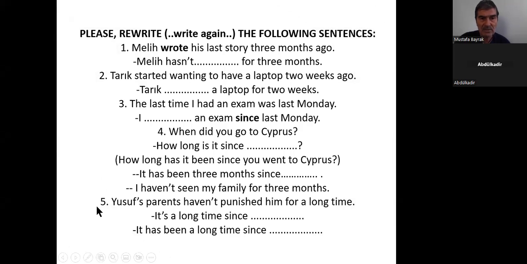Yusuf, sentence 5. Yusuf's parents haven't punished him for a long time. So it's a long time since Yusuf's parents punished him, simple past. But with present perfect tense, not it is a long time, this time we say it has been a long time. It has been 3 years, for example.